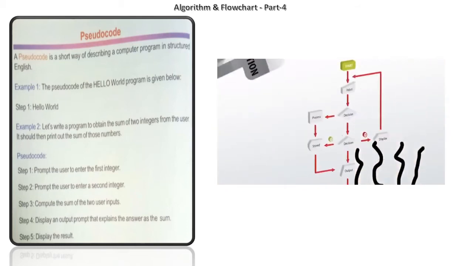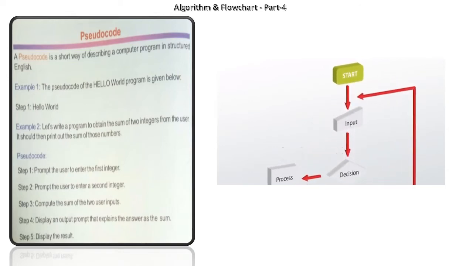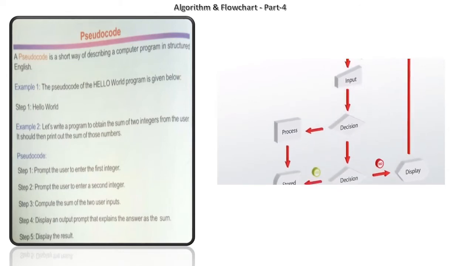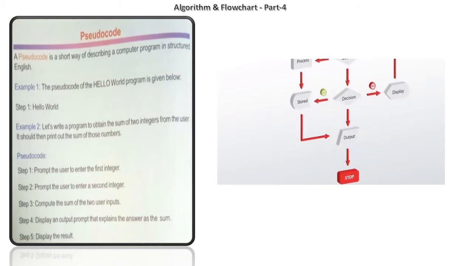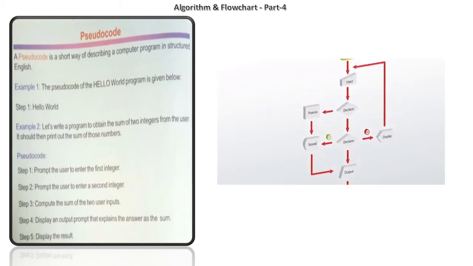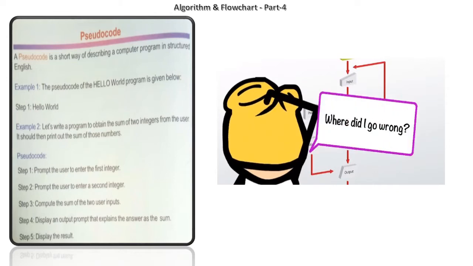Step 3. Compute the sum of the two user inputs. Calculate the sum of two numbers which entered by the user. Step 4. Display an output prompt that explains the answer as the sum.